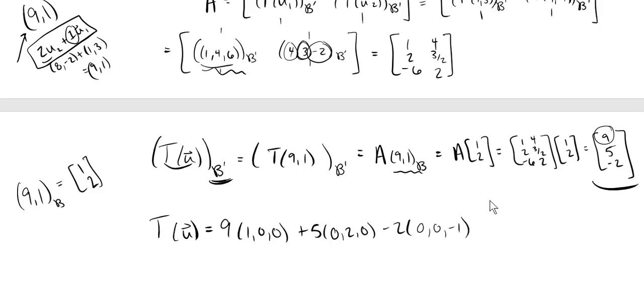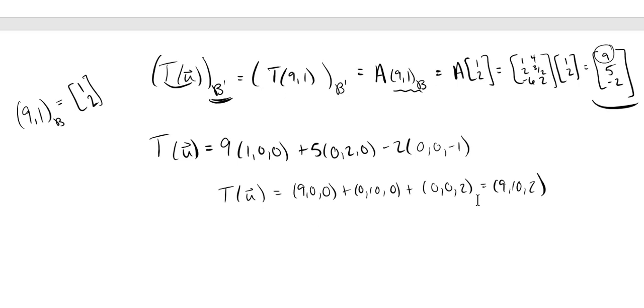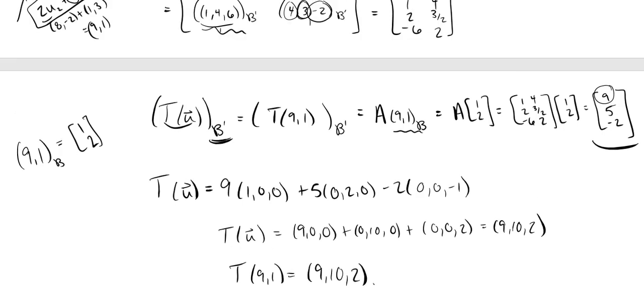This is just the vector T of u equals 9, 10, 2. Right, and so really what that's saying is T of 9, 1 equals 9, 10, 2. Okay. So let's proceed from there.